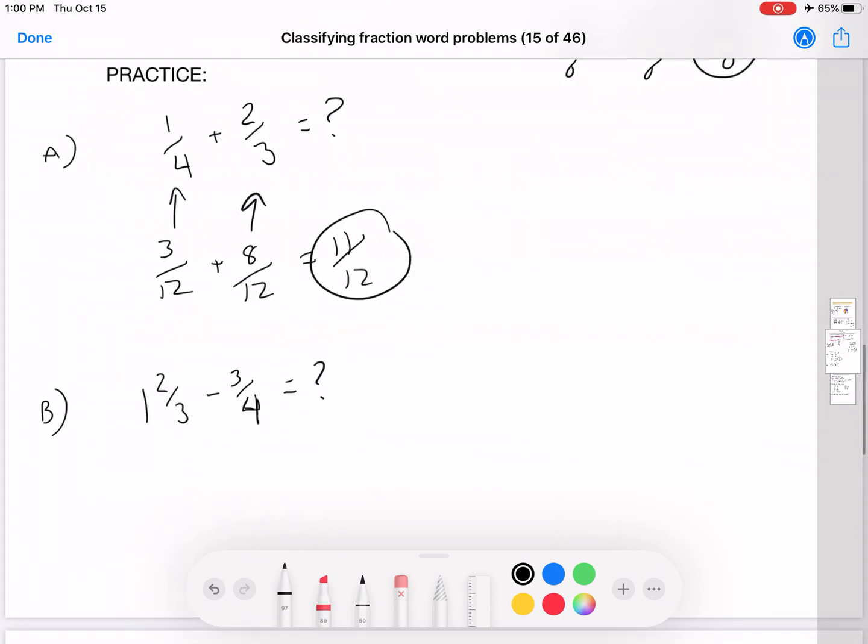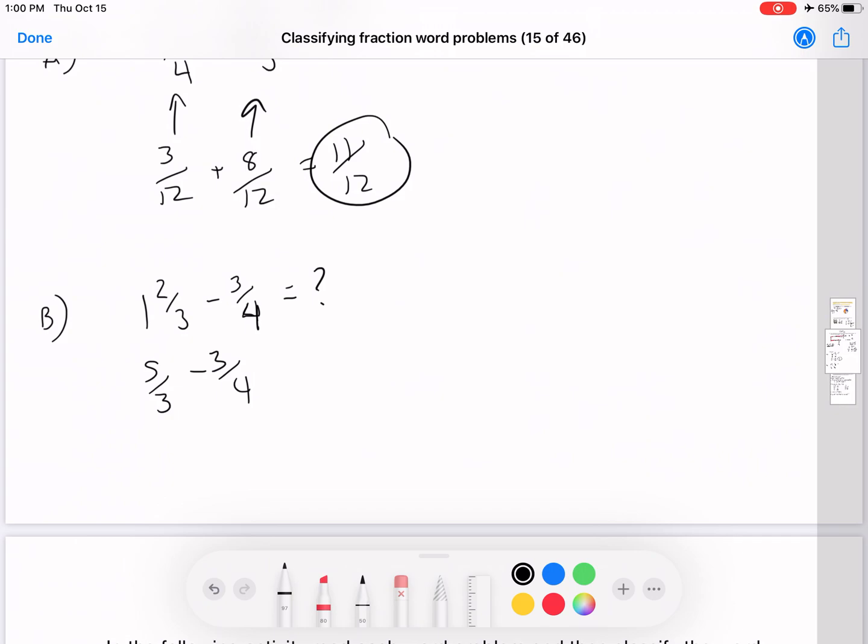Or if we wanted to subtract 1 2/3, that's 5/3. Take away 3/4. Common denominator again would be 12, so this is 20/12 minus 9/12 should again be 11/12. And hopefully I didn't make any silly arithmetic errors.